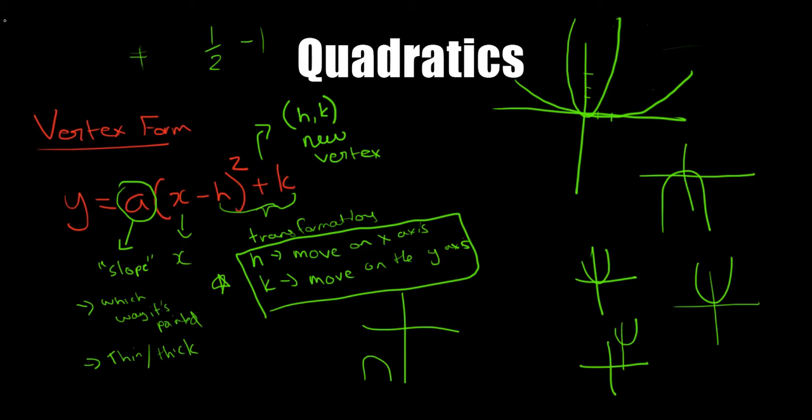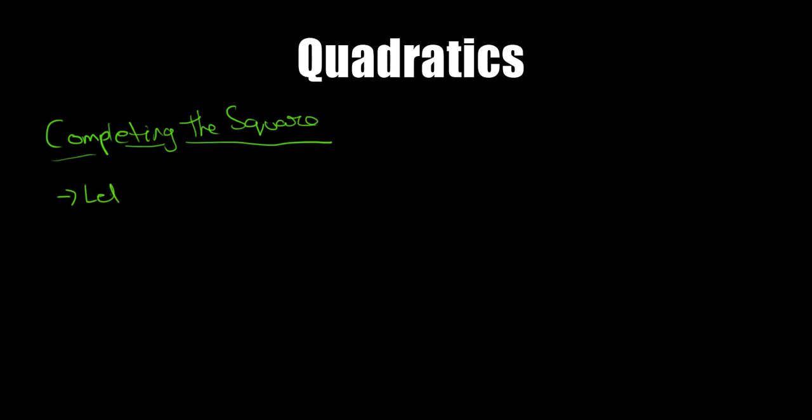So now I'm going to tell you a little bit about completing the square. Completing the square enables you to turn standard form into vertex form.